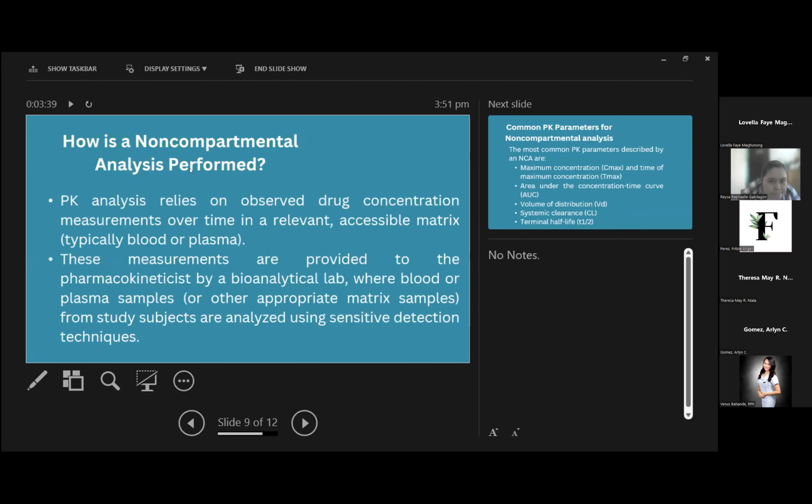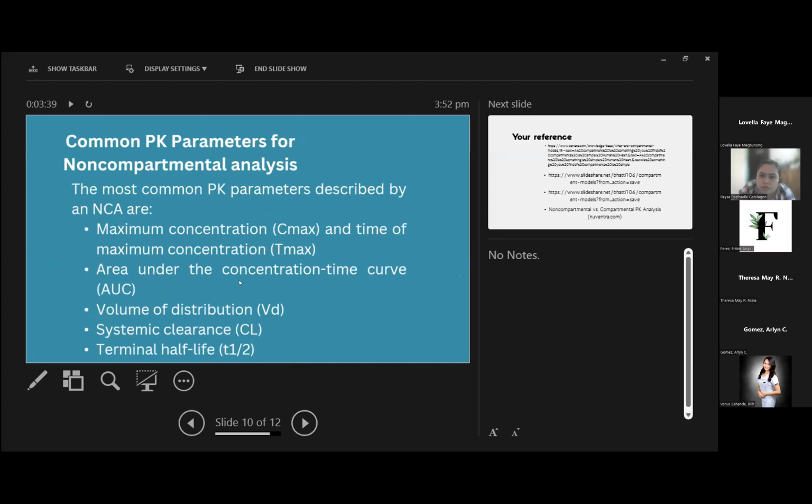So how it is being performed. It relies on observed drug concentration measurements over time in a relevant accessible matrix. These measurements are provided to the pharmacokineticist by a bioanalytical lab where blood or plasma samples from study subjects are analyzed using sensitive detection techniques.